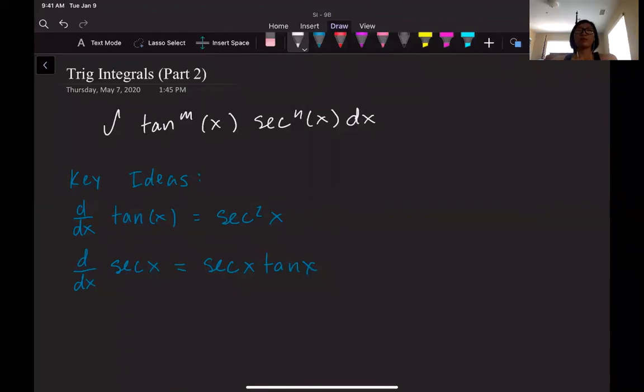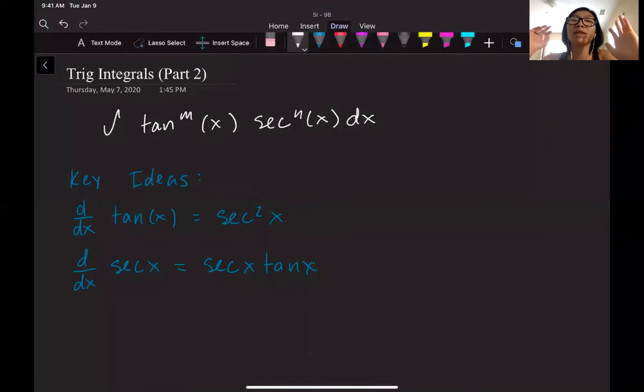So for today's video, I'm going to be talking about trig integrals, but this time with the tangent and secant functions. These integrals we're going to approach the same way. The first thing that we're looking for is how can I rewrite these functions so that I have only one trig function in the integrand?